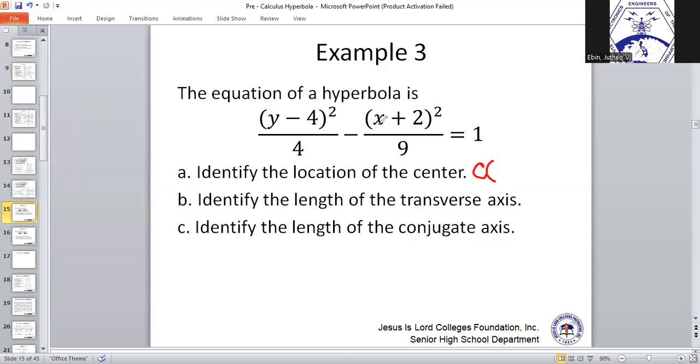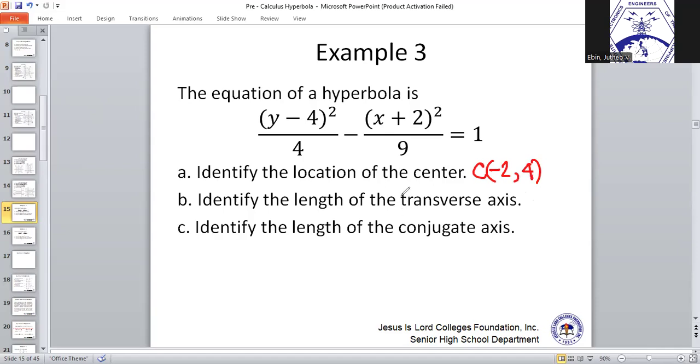So ito yung X natin, yan, ang kapartner niya ay si H. Tapos pag kinuha natin yung coordinates, babalik rin natin yung sign. Kung positive to, gagawin mo -2. Ito naman negative, so +4. So the center is at -2, +4.